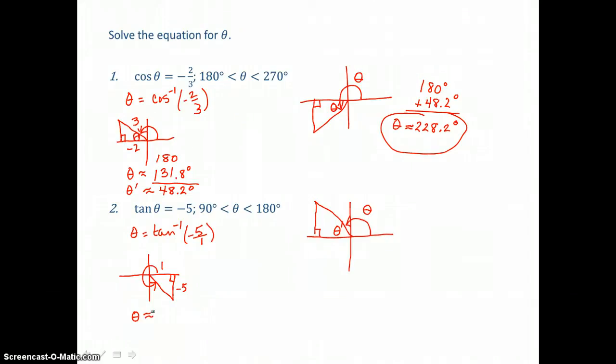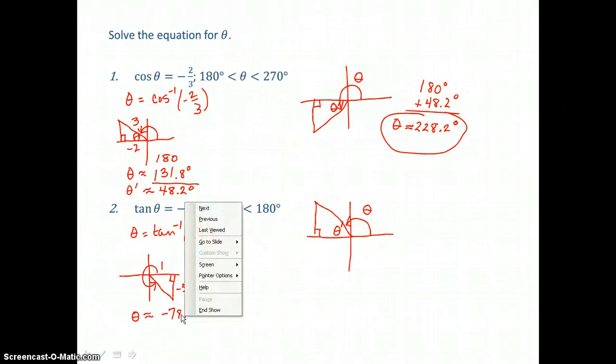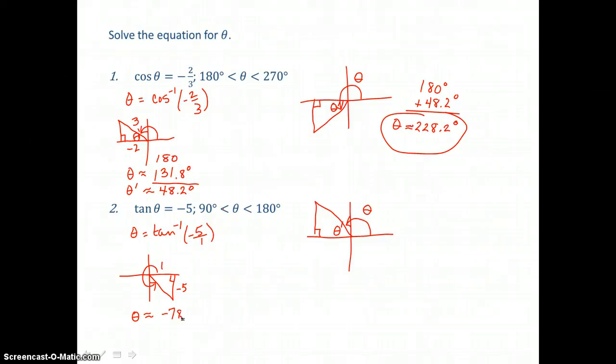So putting in inverse tangent of this -5, I find out that my reference angle, or theta, is equal to -78.7 degrees. Okay, and that's my reference angle as well. Theta prime is going to be approximately 78.7 degrees.